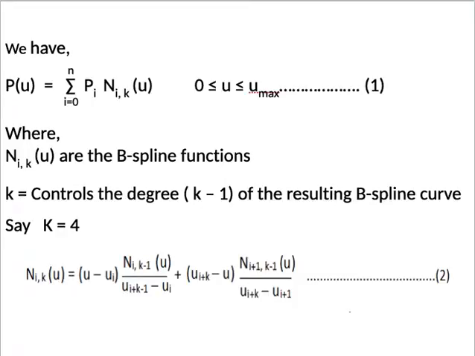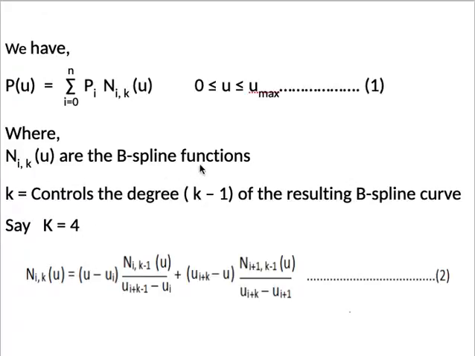Here k controls the degree, that is k minus 1, of the resulting B-spline curve. We are taking k as 4; you may take k as 2, 3 or more, but you can't take k as 1. You should take 2 or more, because we need to join two control points minimum.